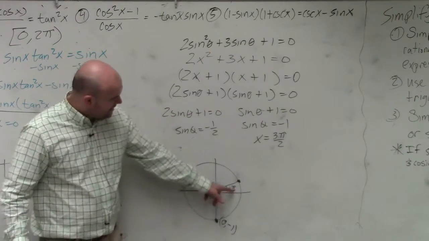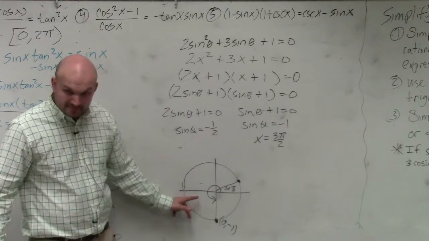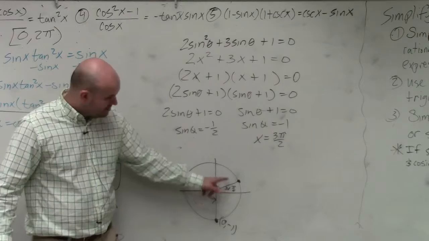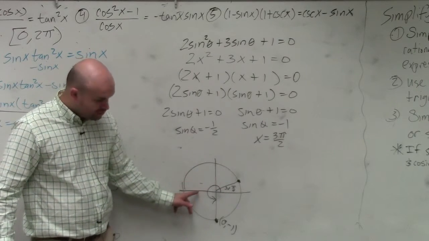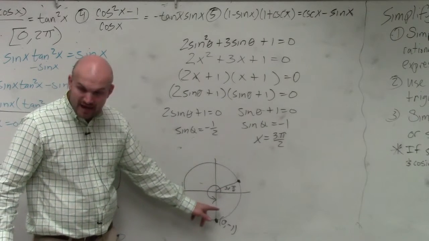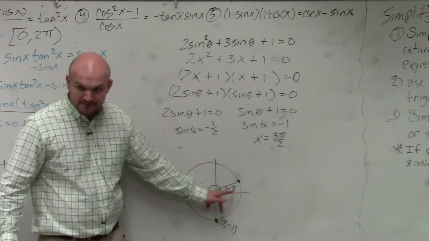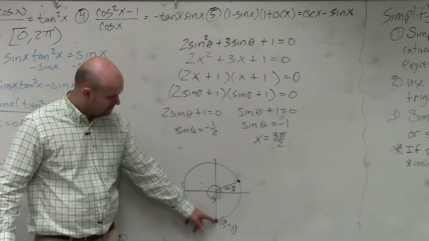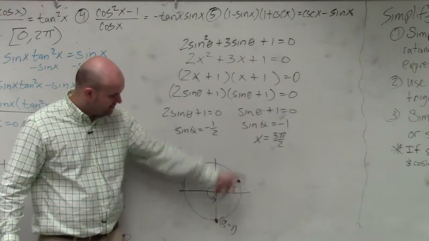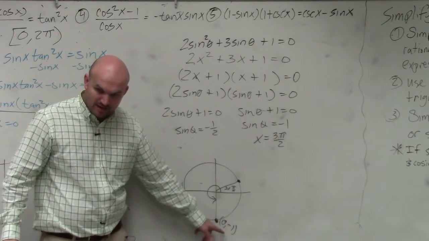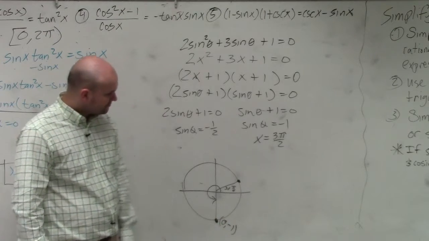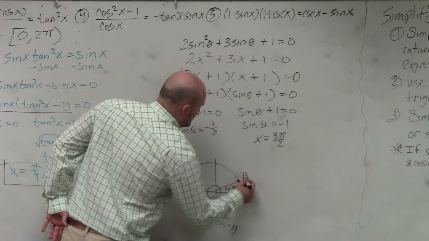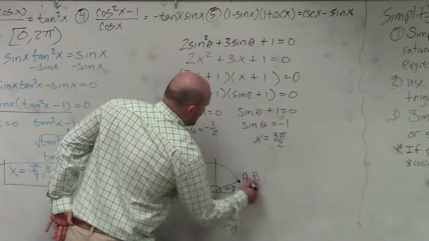Halfway around the circle is pi, so half of that would be pi halves: pi halves, 2 pi halves, 3 pi halves, 4 pi halves. And then what's that coordinate point at the bottom? Sine is the y-coordinate. So at this coordinate point, I have square root of 3 over 2, comma, 1/2.